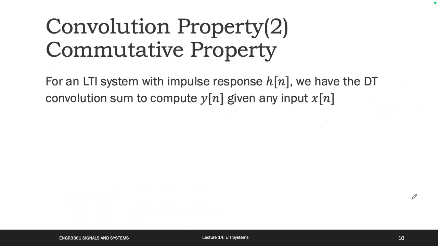And then let's talk about the commutative property. For an LTI system with impulse response hn, we have the DT convolution sum to compute yn given an input xn. We know this equation, am I right? We have already proved yn equals this one. And then let's say m equals n minus k, so k equals n minus m.